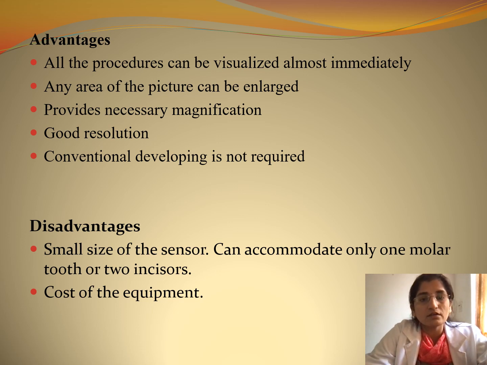Magnification is possible and good resolution is seen, you can also change the contrast, and conventional developing is not required like your conventional radiographs. Coming to the disadvantages, the small size of the sensor can accommodate only one molar tooth or two incisors at a time, and of course it's very expensive. The cost of the equipment is high.